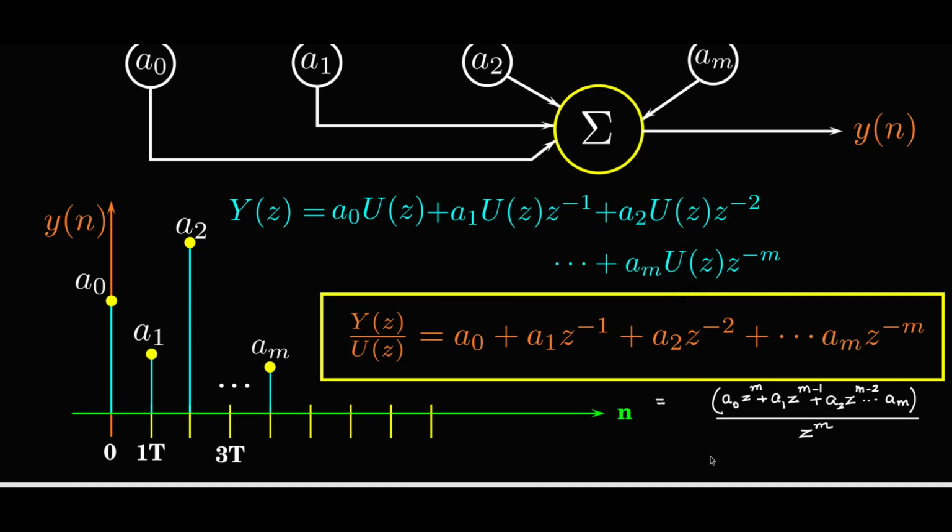So this is the pole zero form that you will get for a generic FIR filter. So you will see that for FIR filters, there will be just z to the power of some m, where m will be the number of delay elements. This implies that all the poles are at z equal to 0. So if there are m delay elements, if it's an mth order system, then all the m poles will lie at z equal to 0 in the case of a FIR filter.